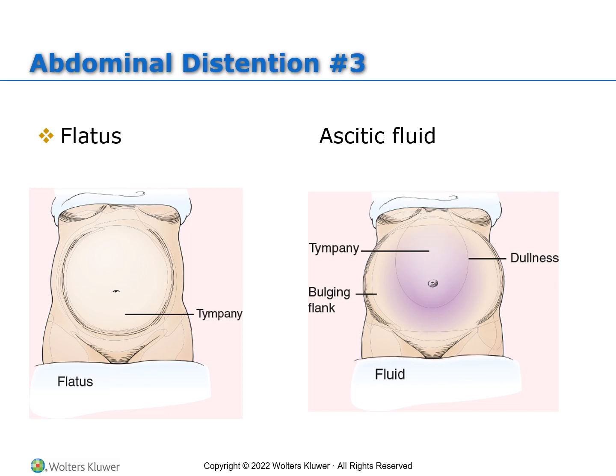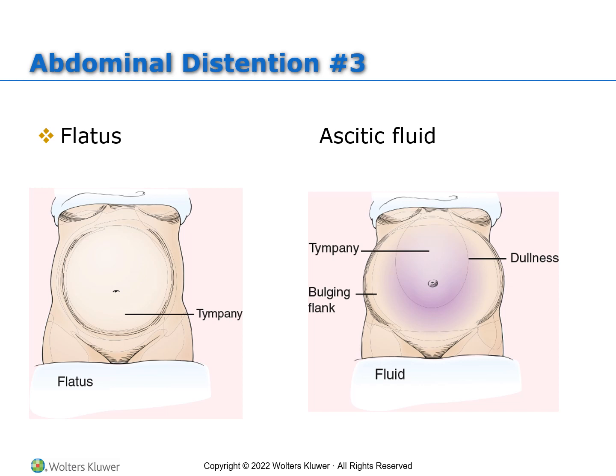If the abdomen is distended with gas or flatus, it may appear as generalized protuberance, as shown in the picture. It can also be more localized. The sound heard when this area is percussed would be tympany.